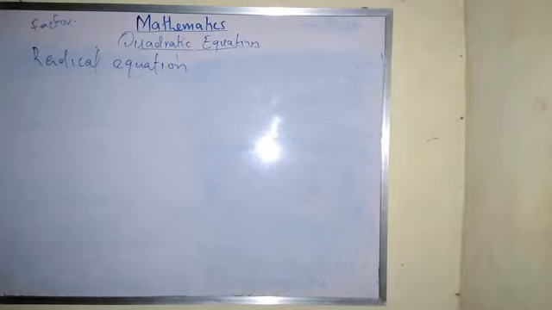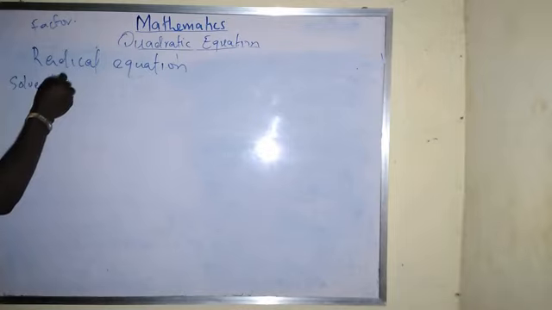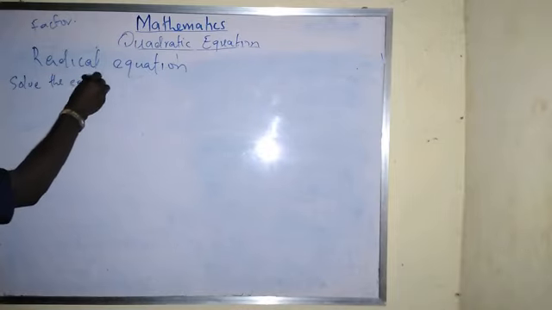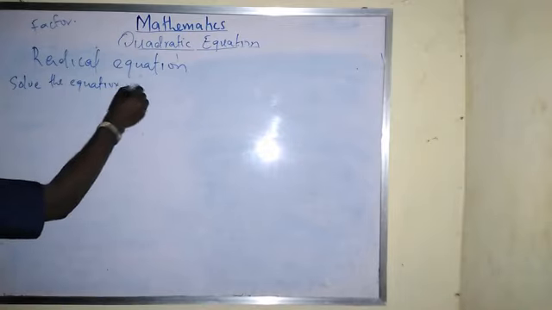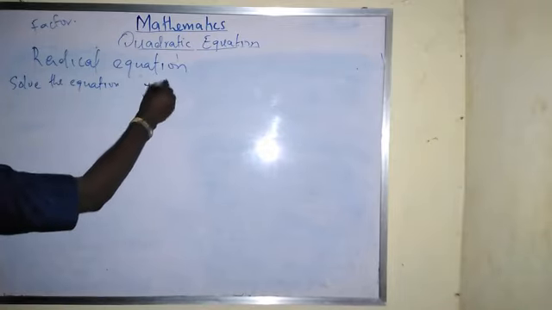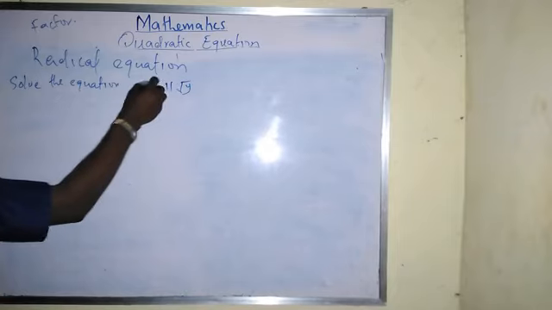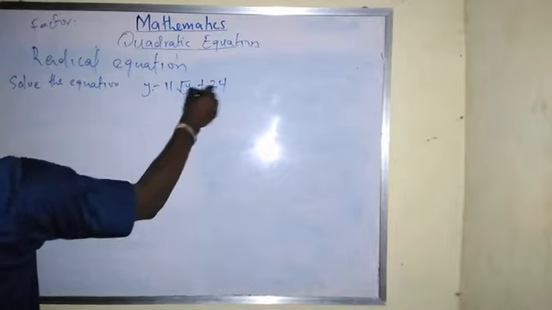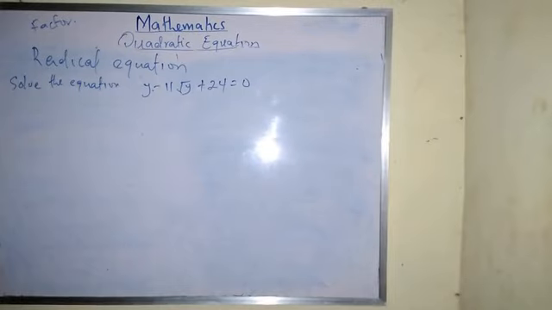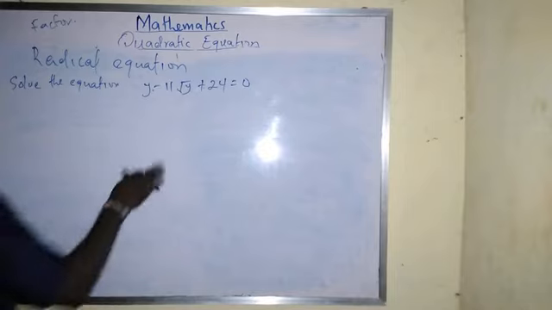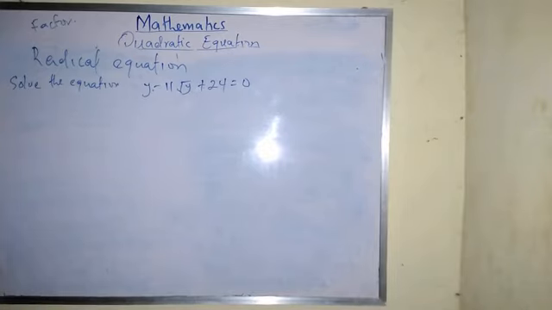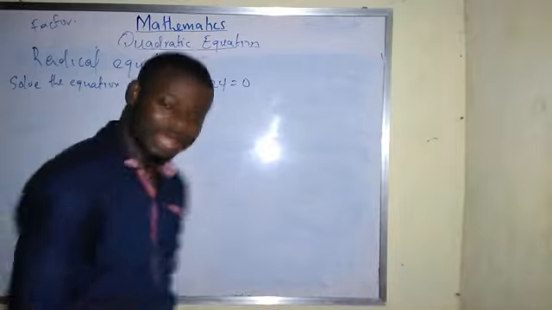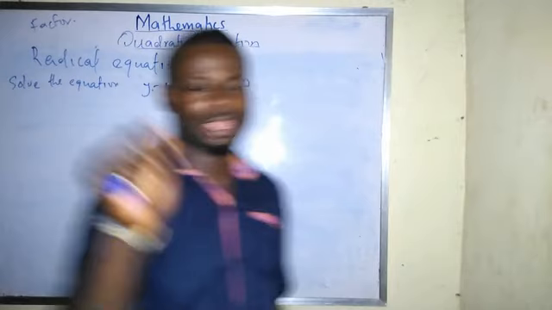For instance, solve the equation y minus 11 root of y plus 24 equals 0. The problem I have here is this root. How do I handle it? Because of that root, it is called a radical equation.